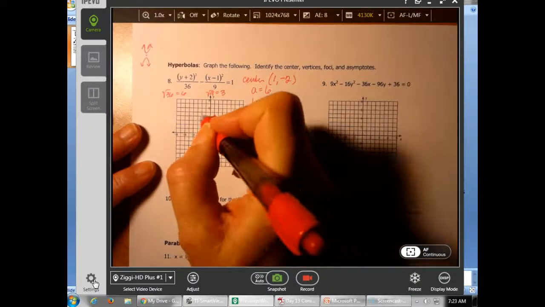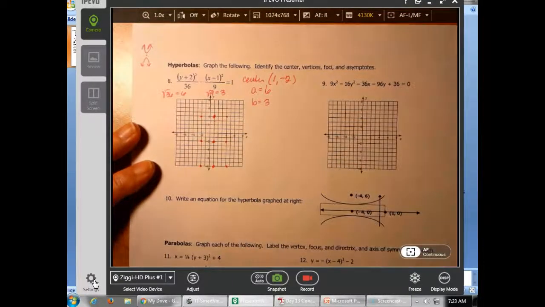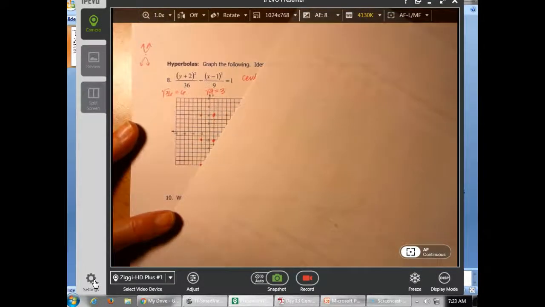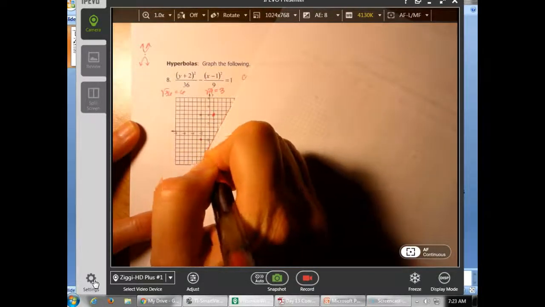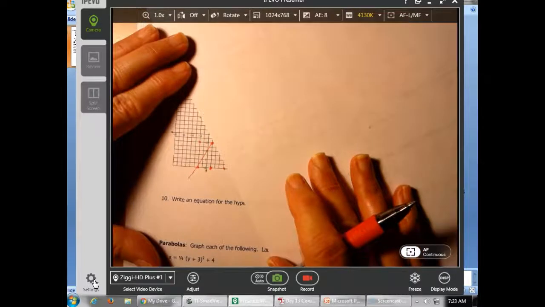We have to put our corners in place. Think about this as a rectangle that's going to guide the shape of our hyperbola. And I can go ahead and put my asymptotes in place right here. I'm just sketching your asymptotes in place, not being very technical about this. It goes through the corners and the center every time.